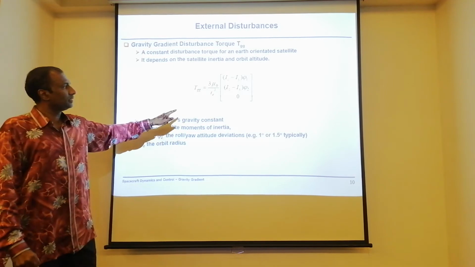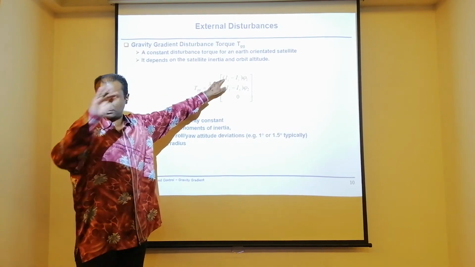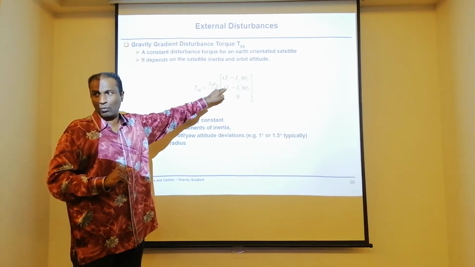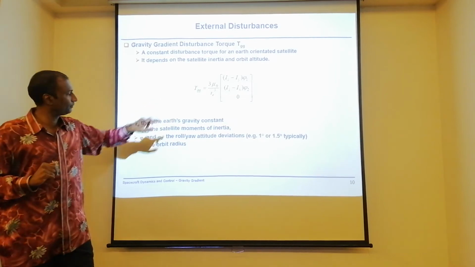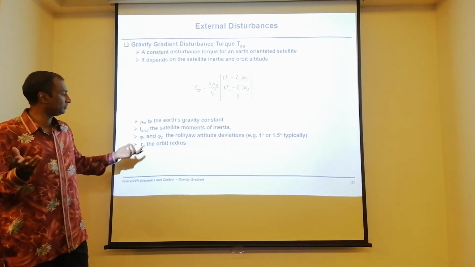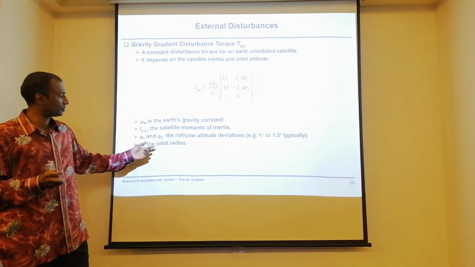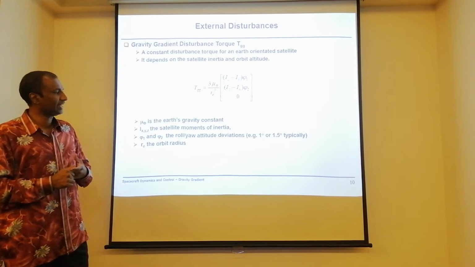There won't be much oscillation. That's what it means. It's a constant. So to quantify, you have an x and y constant disturbance, all in Newton meters. These are torques. Mu is the Earth gravitation constant, Iz is the satellite's moment of inertia. Then phi1, phi2 is the attitude deviation.